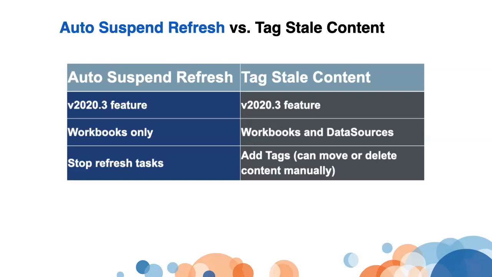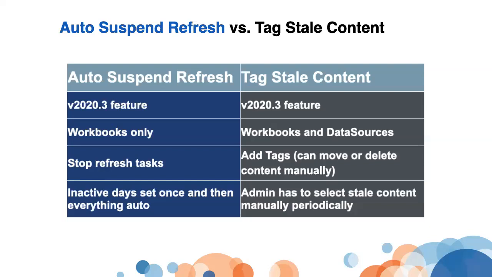When it's moved, the schedule may not be stopped. So you still need to do the next step, which is really to delete or unschedule them. It's mainly focusing on archiving. The auto suspend by default is 30 days for workbooks.